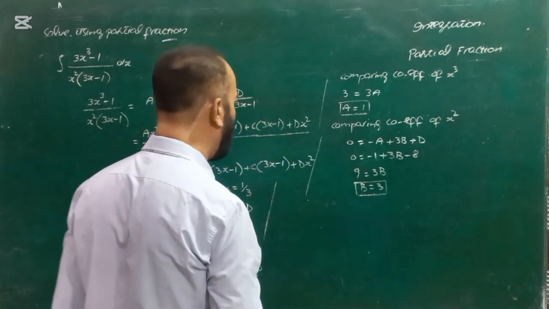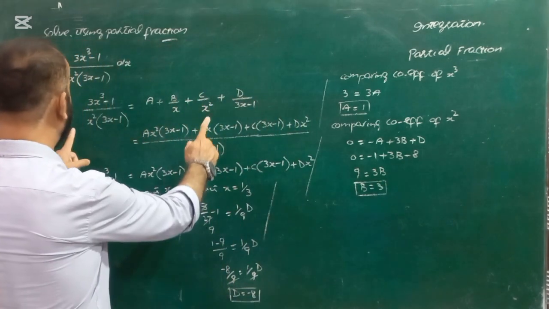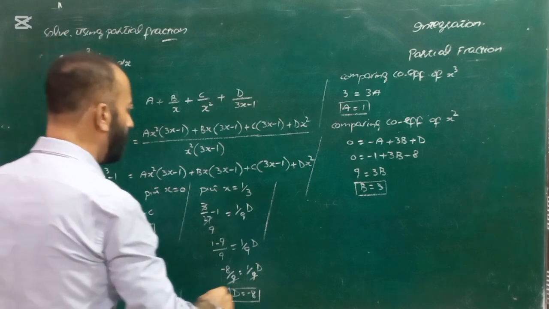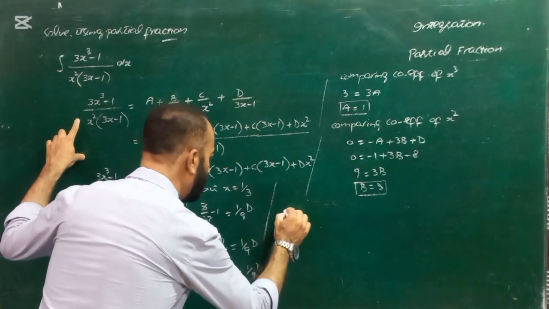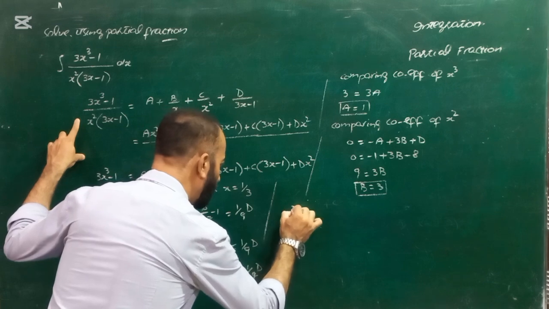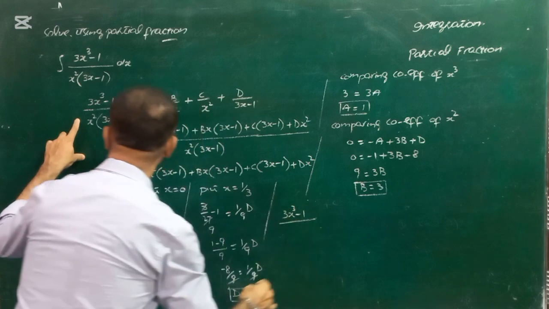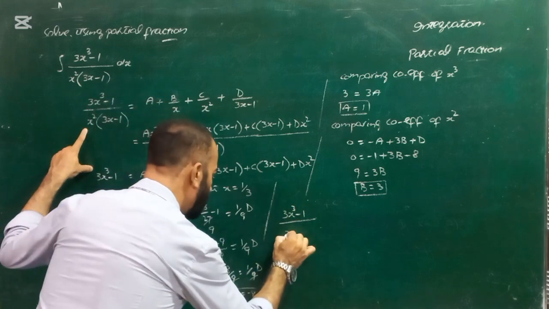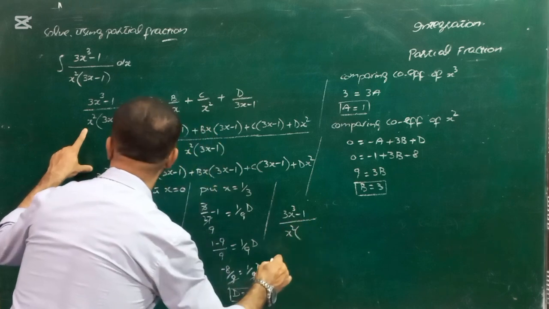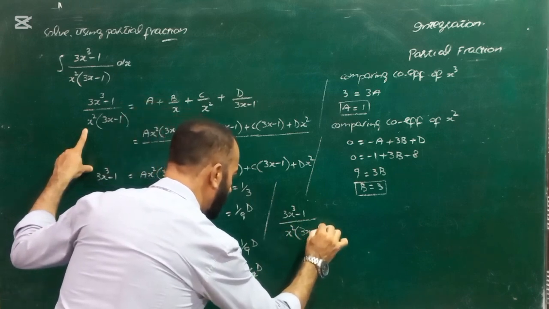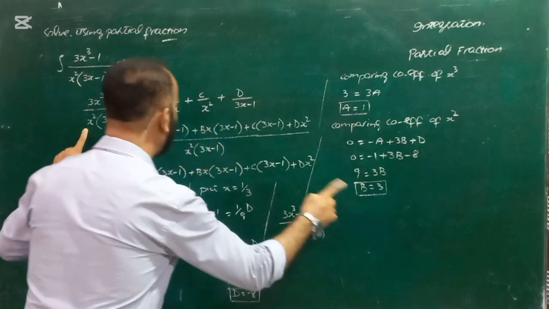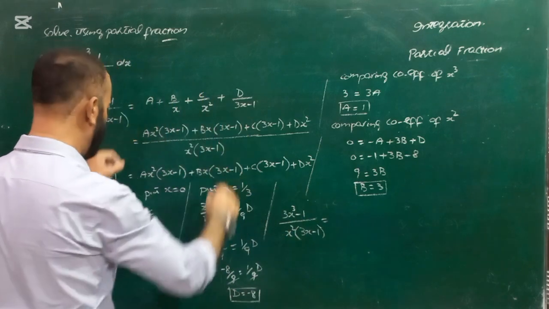Okay, at this step, now we will put the values into this one. So look now, 3x cube minus 1 over x square into 3x plus 3x minus 1. And now we are putting the values of a, b, c, d here.